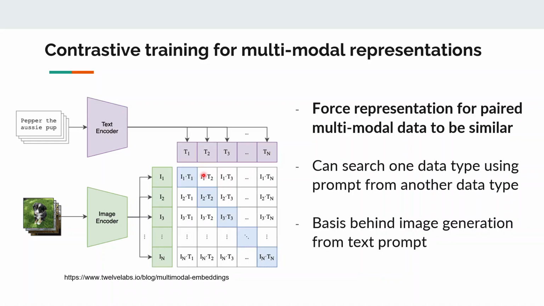So basically, with contrastive learning, we want to pair data of different types together in the representation. You can also think of this in terms of multi-omics.